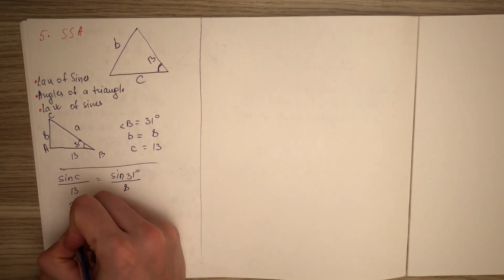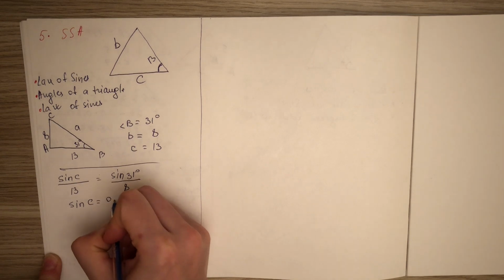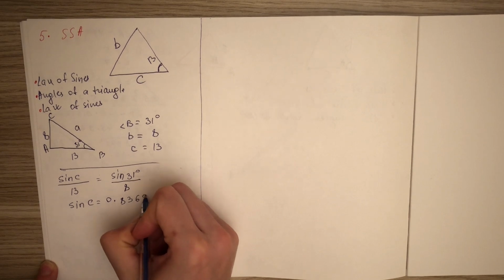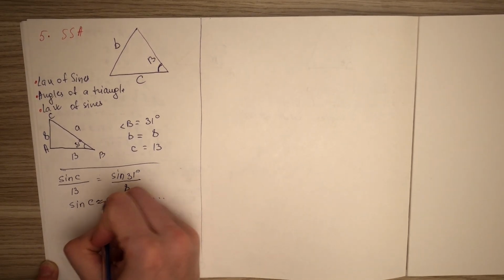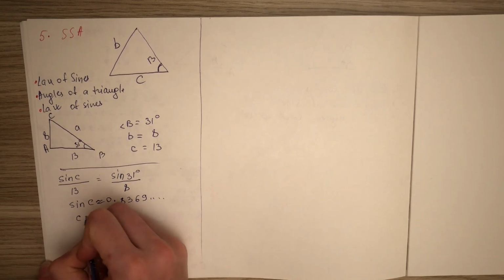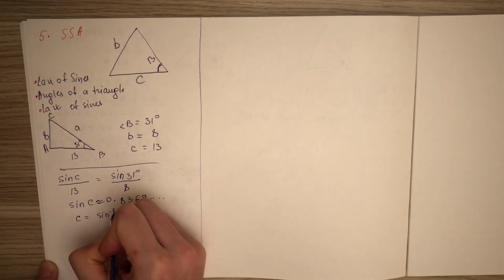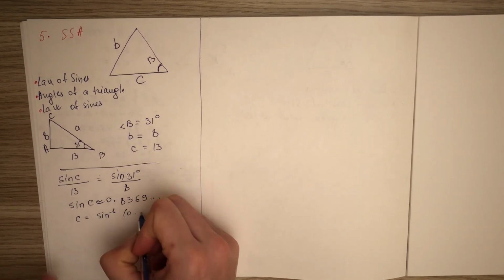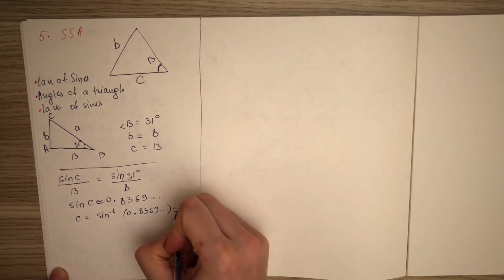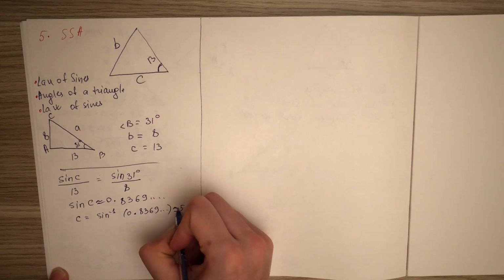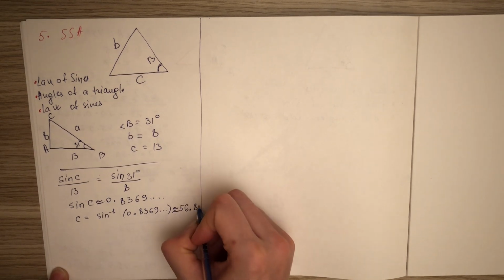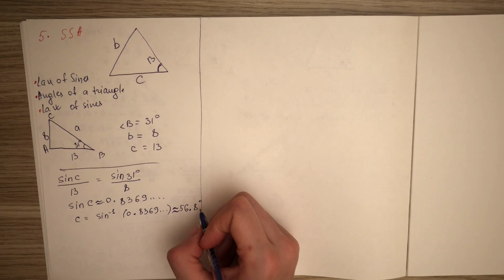And here we get sine C equal to 0.8369 and so on. This is the approximate answer. So C is equal to sine to the minus 1 of 0.8369 and so on, and this is approximately equal to 56.8 degrees to one decimal place.